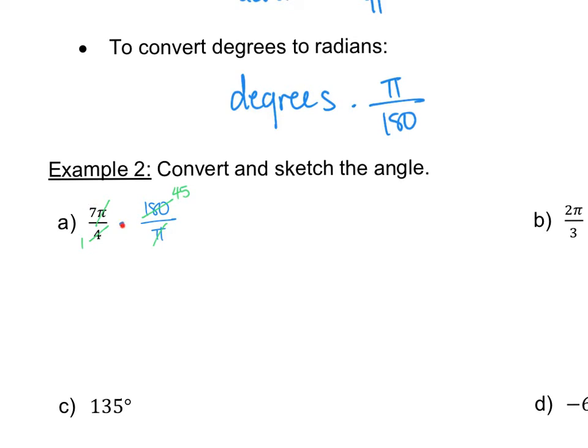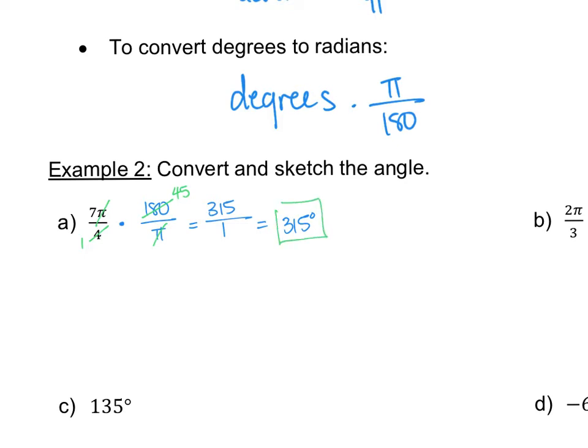When you're multiplying, you multiply straight across with fractions. So 7 times 45 gives me 315. And then 1 times this pi got canceled, so this is just a 1 left. So 315 over 1 is just 315. And it's in degrees now because I canceled out the pi, so that just leaves me with degrees.